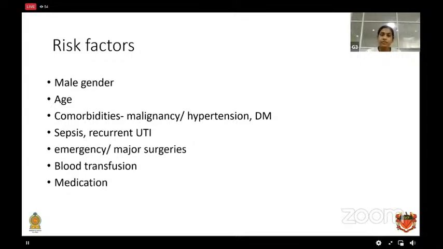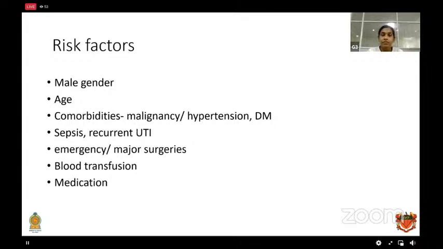Various things related to malignancy can become a risk factor for AKI. Then infections. We are in a COVID era, so COVID is also complicating patients with AKI. So it is important when we consider the current situation of the world.